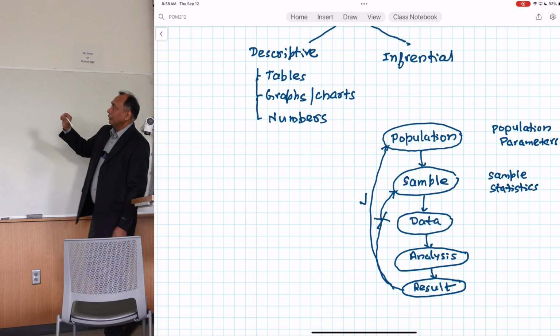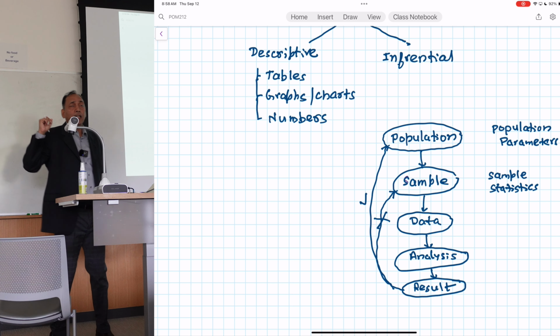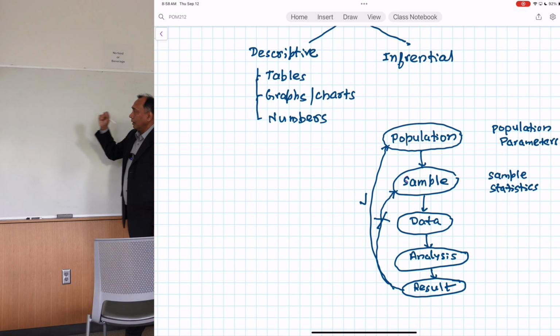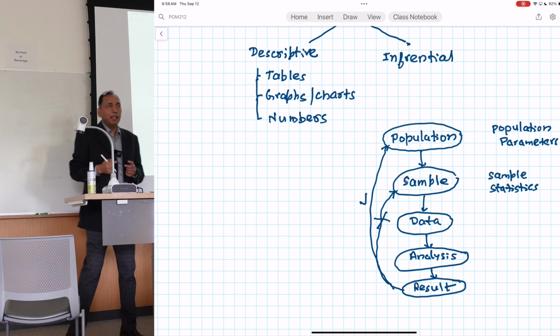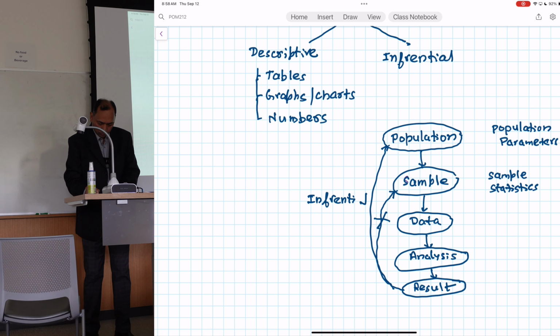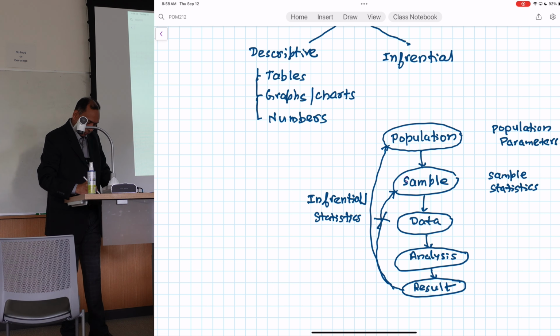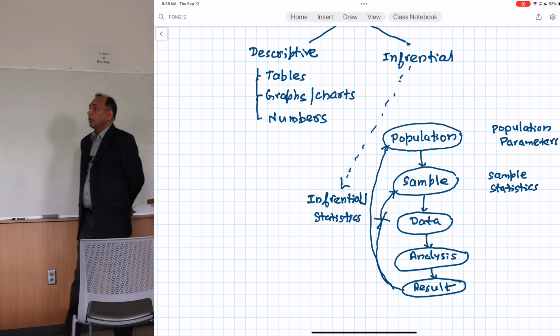So this journey of starting with the population, finding a sample, collecting data for that sample, analyzing the data, getting the result, applying that result back to the population, this whole journey is called inferential statistics. So that's what this second category of statistical method is, inferential statistics.